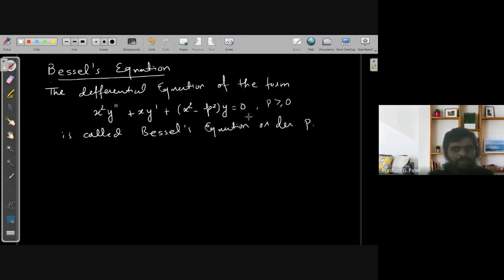So here we have to find out what is the solution of this Bessel's equation.